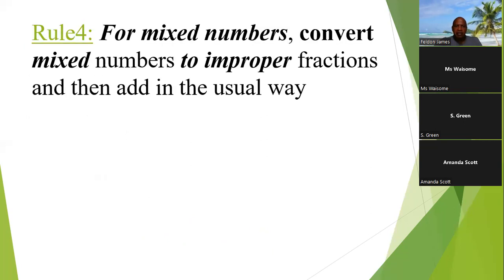Now, looking now at rule 4. Rule 4, for mixed numbers, we have 2 different approaches when we are dealing with mixed numbers. If we are adding mixed numbers or mixed fractions, one approach is that we can convert the mixed number to an improper fraction, then we add in the usual way.